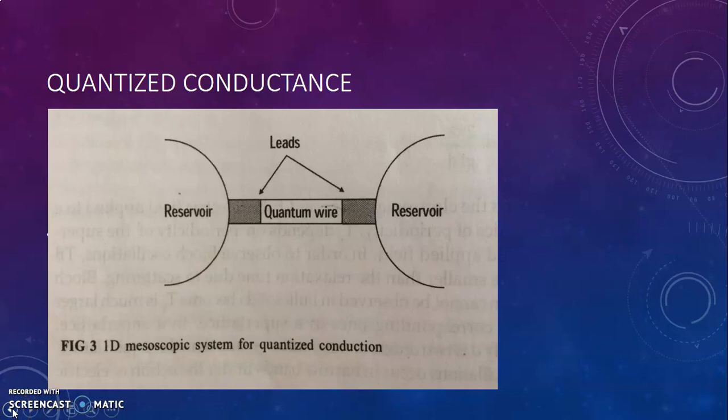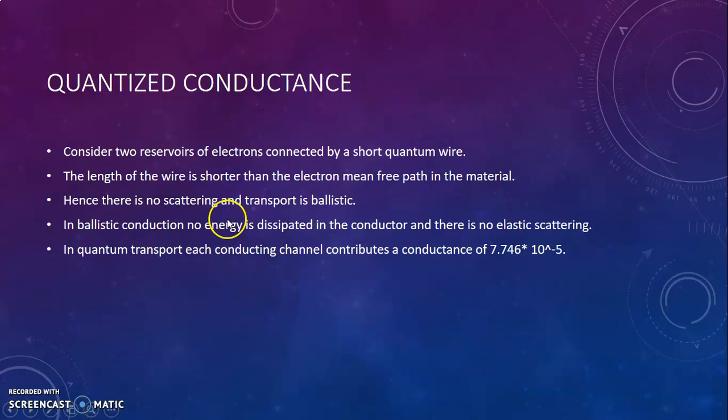In ballistic conduction, no energy is dissipated in the conductor and there is no elastic scattering. What is the speciality of ballistic conduction? No energy is dissipated in the conductor and there is no elastic scattering.